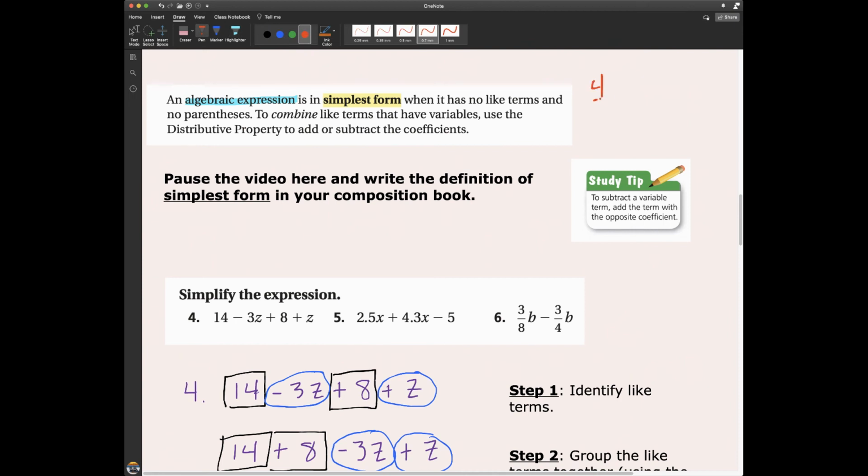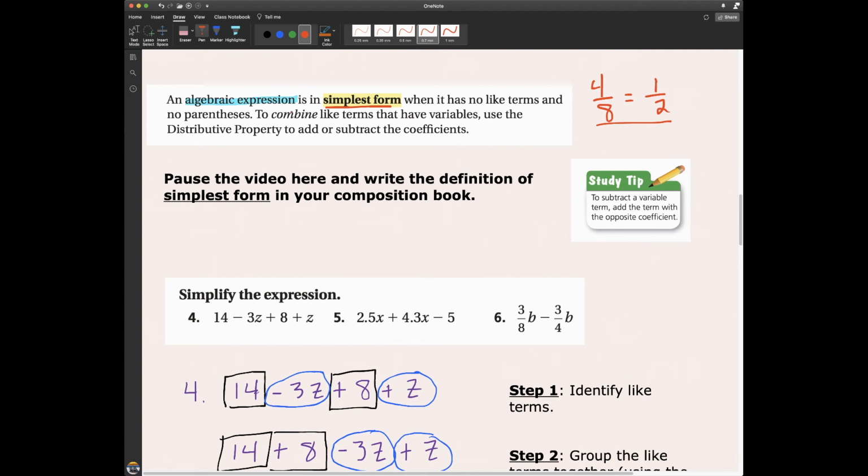So if I had this fraction and I said, hey, write that in simplest form for me, please, you would write it like this. Okay, so we've seen this term simplest form before, and we applied it to fractions. Now we're going to apply this phrase to expressions.